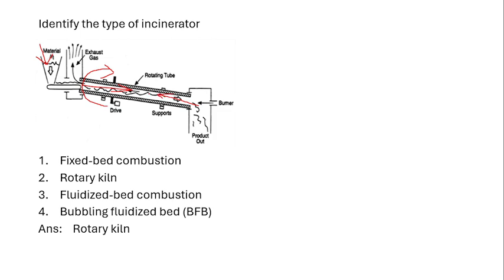So heating of the waste material occurs. The exhaust gases are liberated from the incinerator like this, and the burning finishes. Once the burning is completed, the finished products pass out this way. This tube is continuously rotating on the horizontal axis. This is what happens in the rotary kiln.